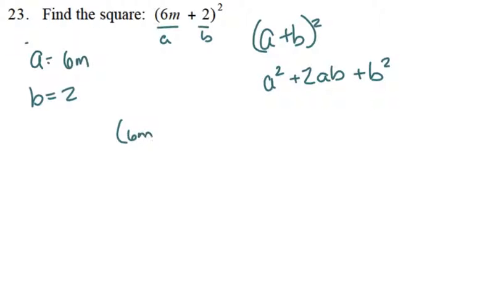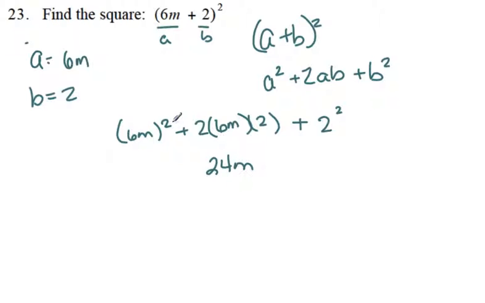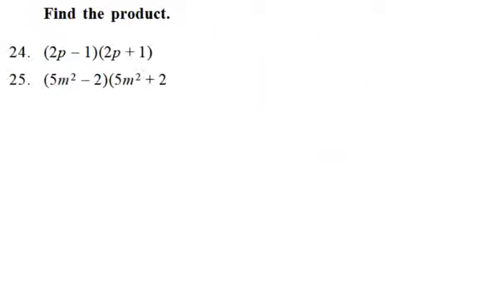So now we have 6m squared plus 2 times 6m times 2 plus 2 squared. 2 times 6 is 12. 12 times 2 is 24. So this would be 24m. 6 squared is 36. M squared is m squared. So we have 36m squared plus 24m. And then we have 2 squared, which is what? 4.